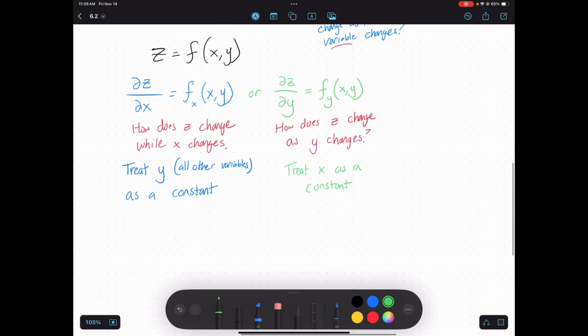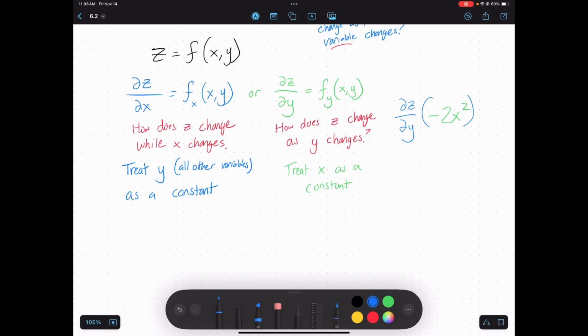What that means is if I'm taking the partial in terms of y, and let's say I've got some term that's just in terms of x, and I took the derivative of this in terms of y, well, that's not changing. It's not changing because x isn't changing. We're assuming that x is staying the same. Only y is changing in this scenario.